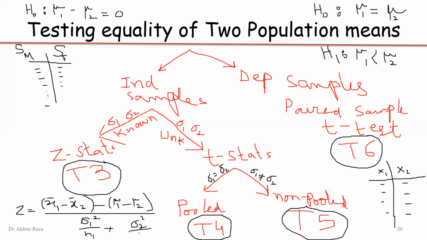This is called the Z statistic, which is known as T3.